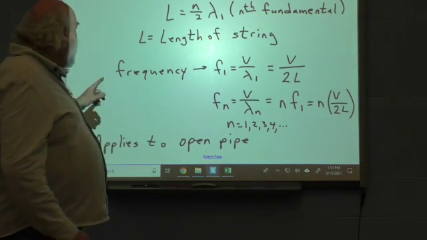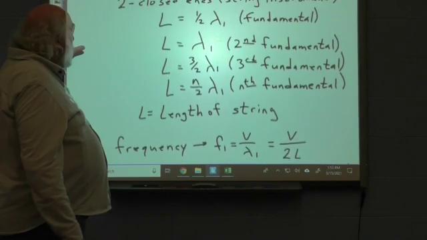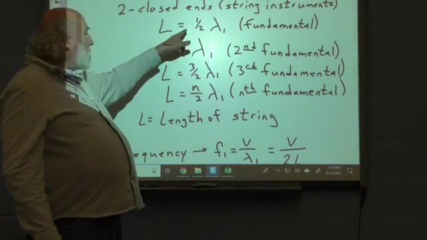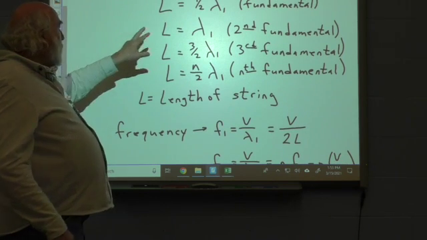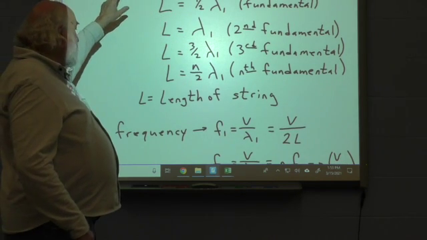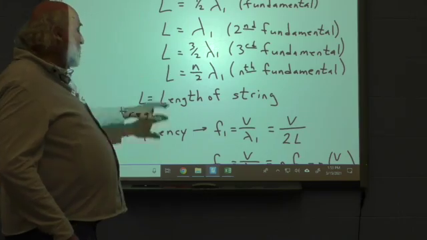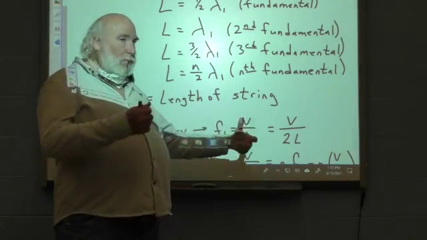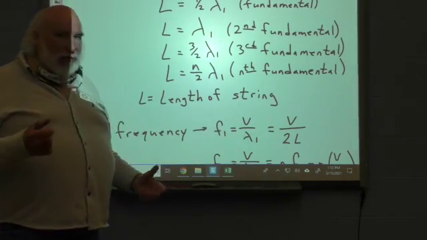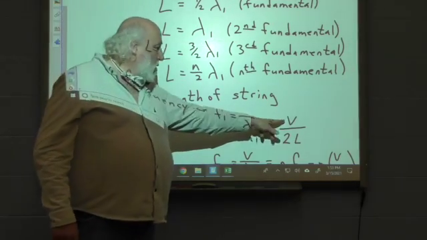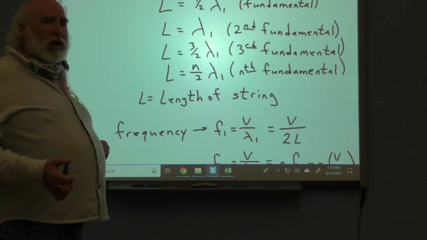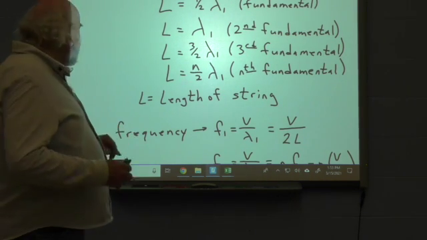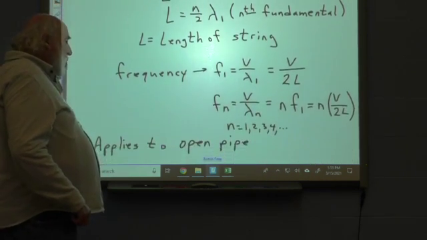So since the length is equal to 1/2 the wavelength, that means the wavelength is twice the length of the string. So whatever string or pipe you have, the wavelength in a fundamental is going to be twice as long. So this is v over 2L for the fundamental. Most of the calculations will be done with the fundamental. It would be silly to do otherwise.